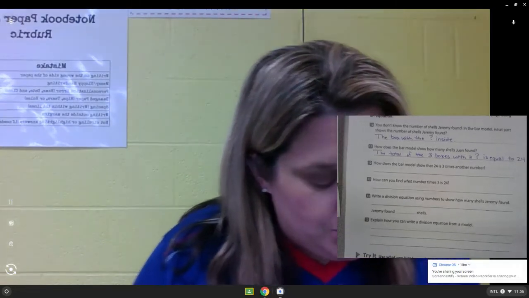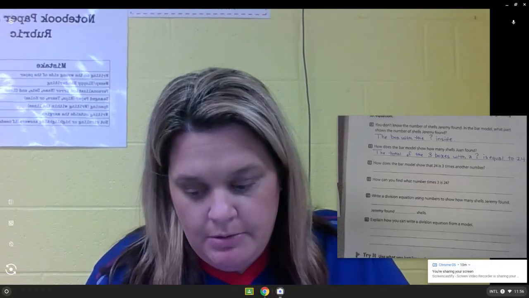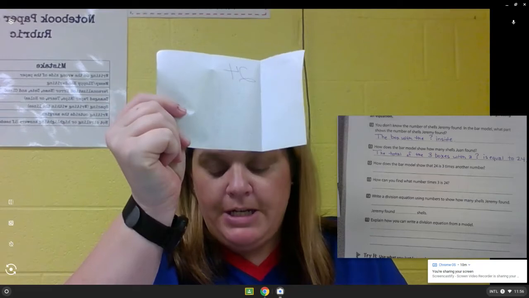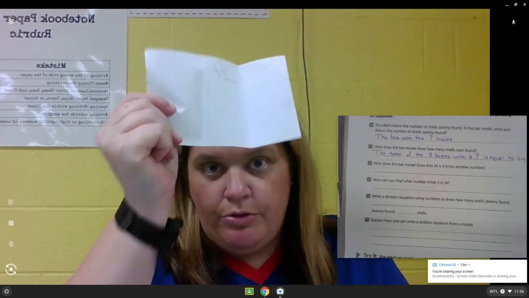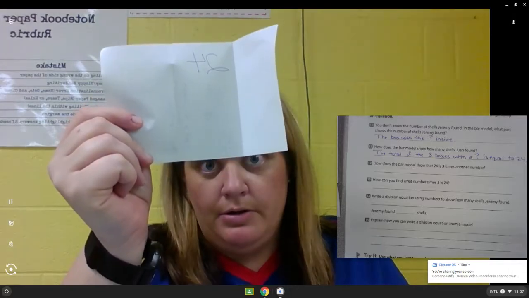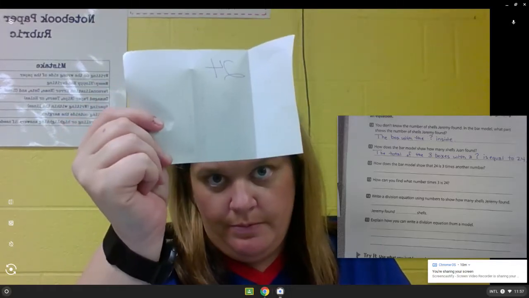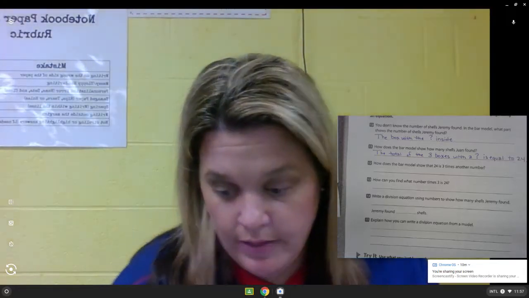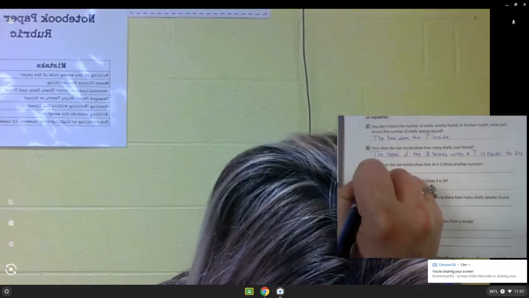So how does the bar model show that 24 is 3 times the other number? What did it do? There were 3 equal-sized boxes with the question mark that had to equal 24. This is how they represented it. They represented it because there were 3 equal boxes.